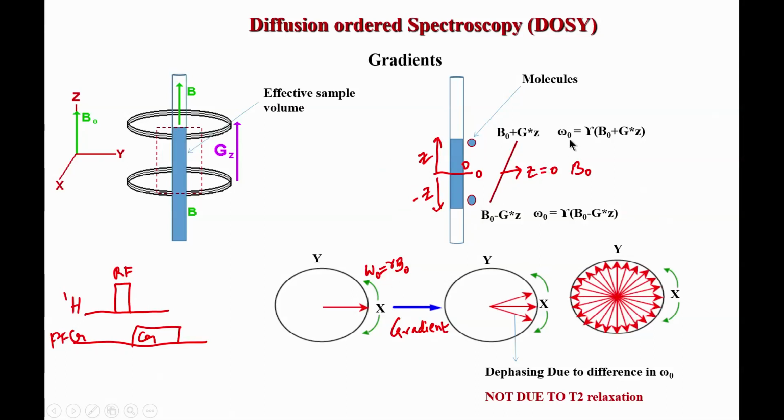If you look at this equation, the omega of this molecule has changed, because the total magnetic field experienced by that molecule is not B 0, it is B 0 plus G into Z, where Z is the distance from the center. Now, another molecule of the same type sitting at the bottom of the sample will have a different Larmor precession. Its precessional frequency has changed; it is now B 0 minus G into Z.